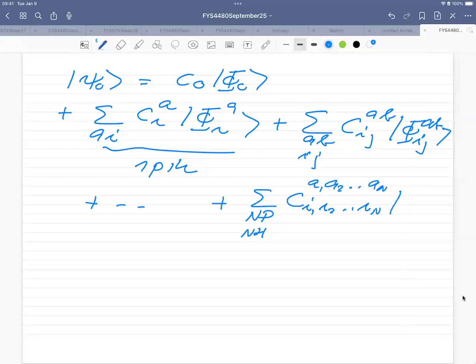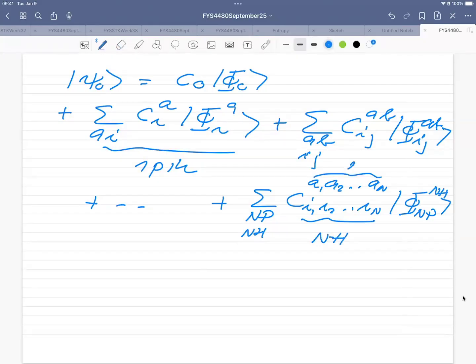And this is in turn multiplied with a state function where I'm just going to write NP and NH like that. So this is the same as NP, and this is an NH. No, sorry, the opposite.